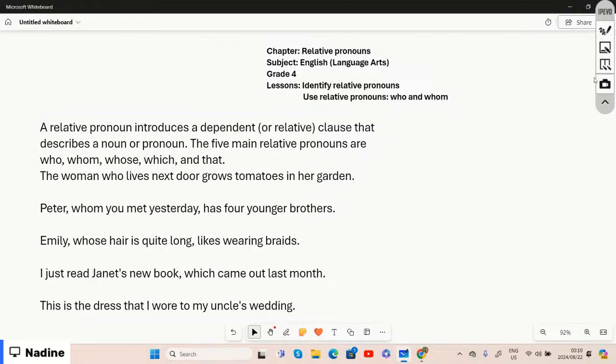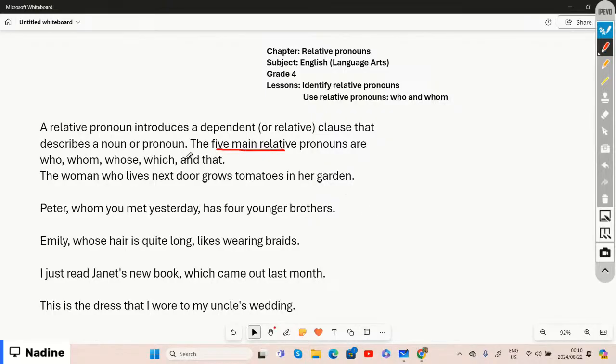Remember, a pronoun takes the place of a noun. And we see that we have five main relative pronouns, and it is who, whom, whose, which, and that. That is our five main relative pronouns.